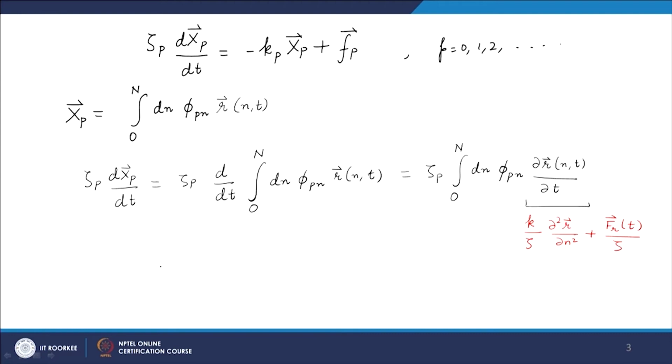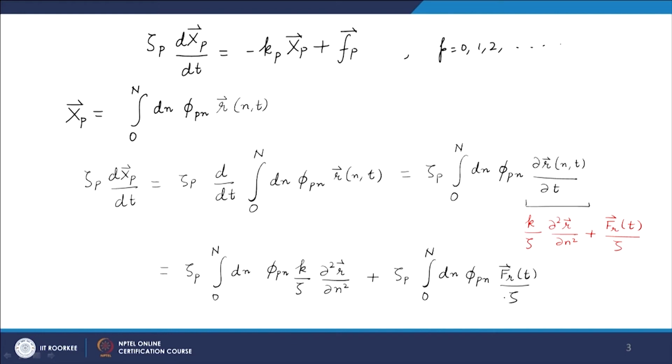So, now this is equal to that is the first term, and this is the second term.